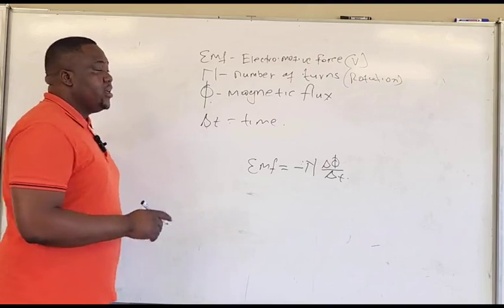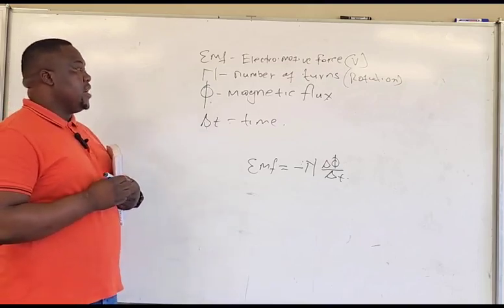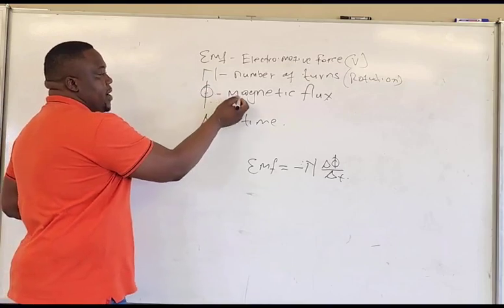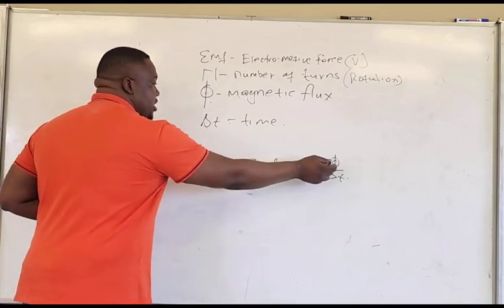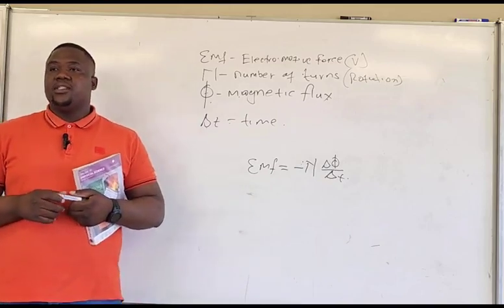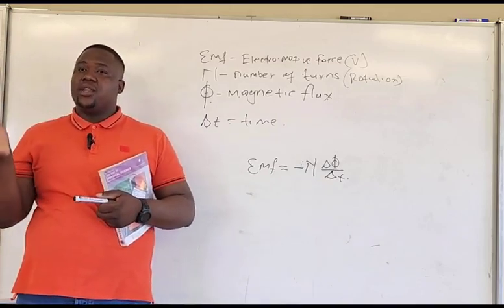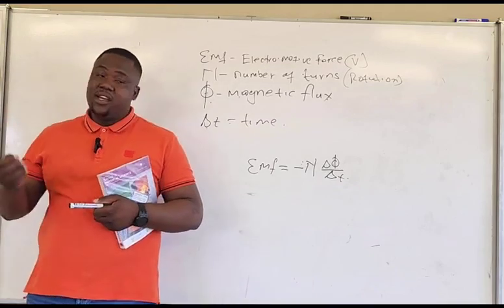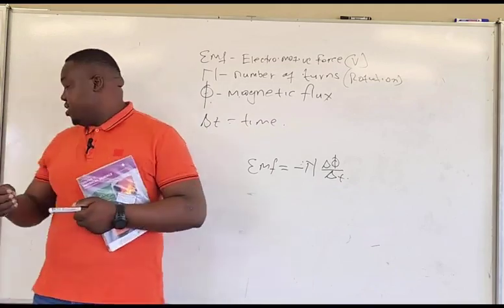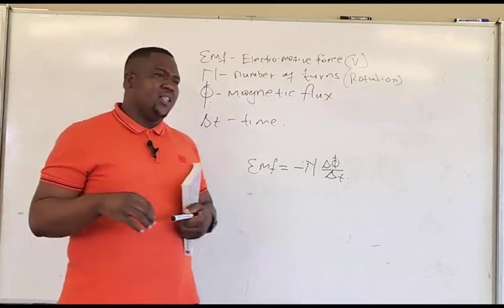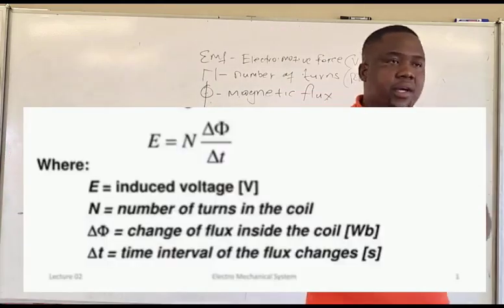This one is straightforward. You can see here that we have magnetic flux, but of course it is changing magnetic flux. Changing magnetic flux simply means the final minus initial. Remember, when we're talking about changing velocity, we take the final velocity and subtract the initial velocity. That's what we will be doing.